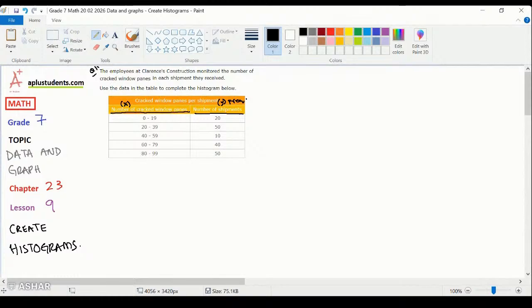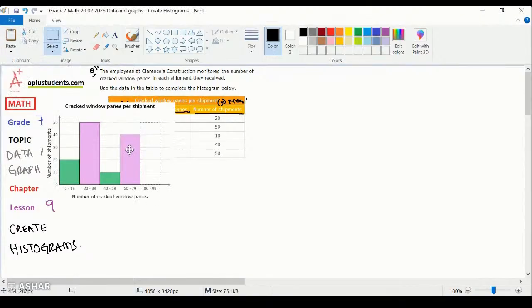So we need to draw a histogram for this particular given question. We are given an incomplete histogram and we need to complete this.